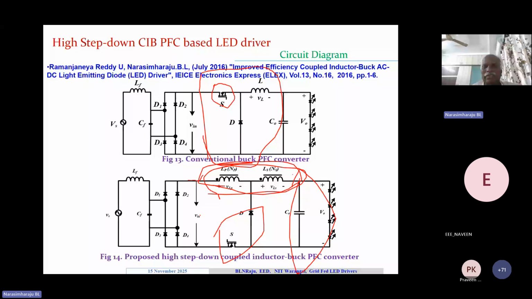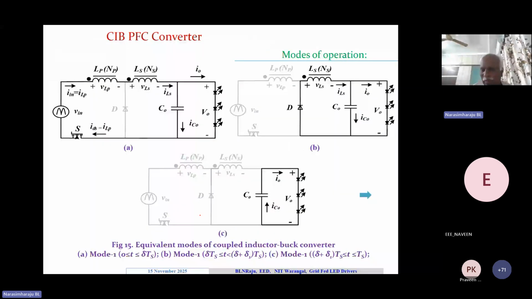Moreover, as I was mentioning, these converters can be operated in the discontinuous conduction mode, so that inherent power factor correction is possible, because this converter can operate just like a voltage follower.